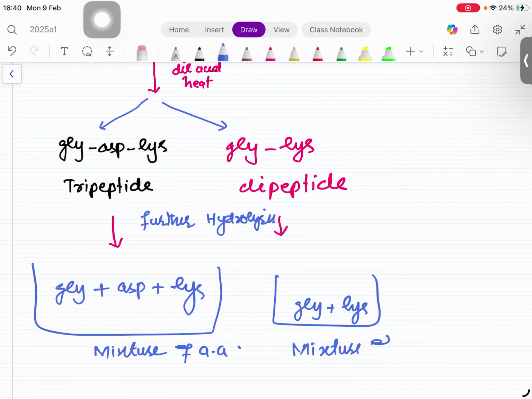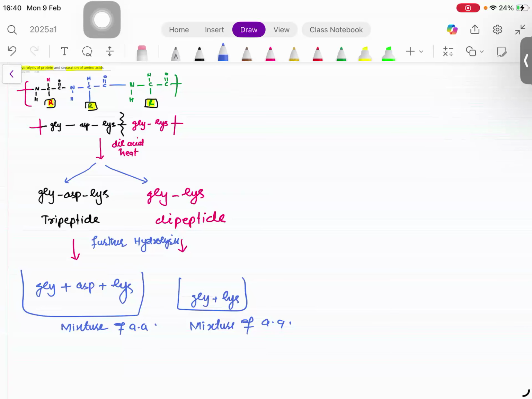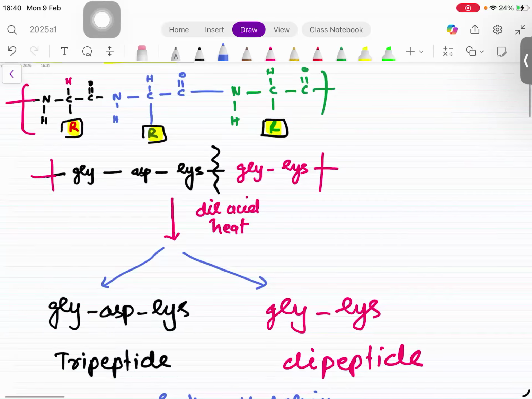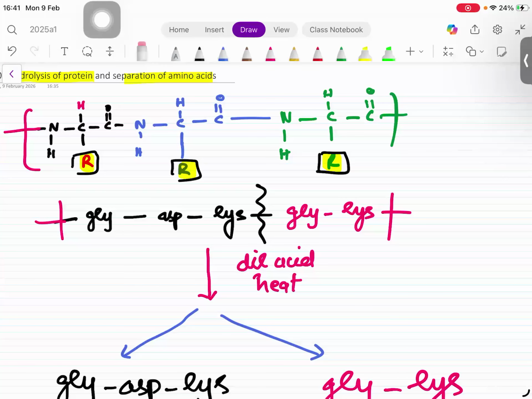What I'm trying to say is that the proteins, when they undergo hydrolysis, initially turn into the smaller units known as tripeptide and dipeptides, and these dipeptides further hydrolyze under the same conditions, acidic or alkaline, to form a mixture of amino acids. And when you write a protein from a tripeptide, the difference you need to understand, because they ask you to calculate the MR. For example, if I change these R groups, the first R group is hydrogen.